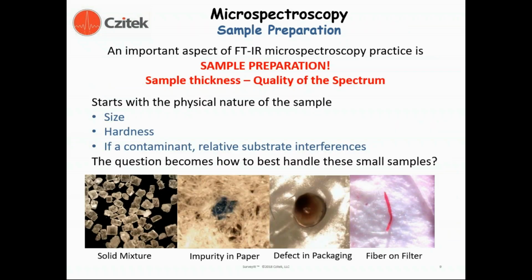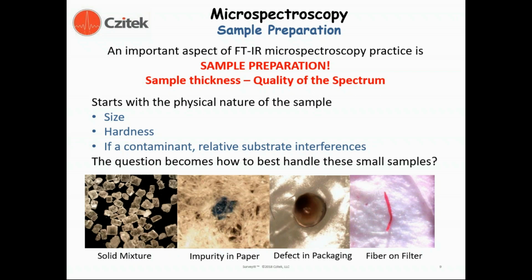So now let's segue into microspectroscopy sample preparation, which is one of the most important aspects of microspectroscopy practice. The quality of the spectrum that you get out of a microscope FTIR microspectroscopy system is very much dependent on the preparation of the sample. And one of the more important issues in sample preparation is sample thickness.